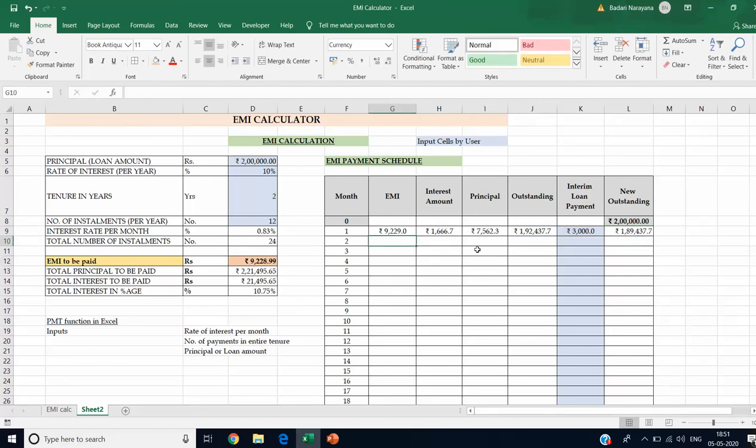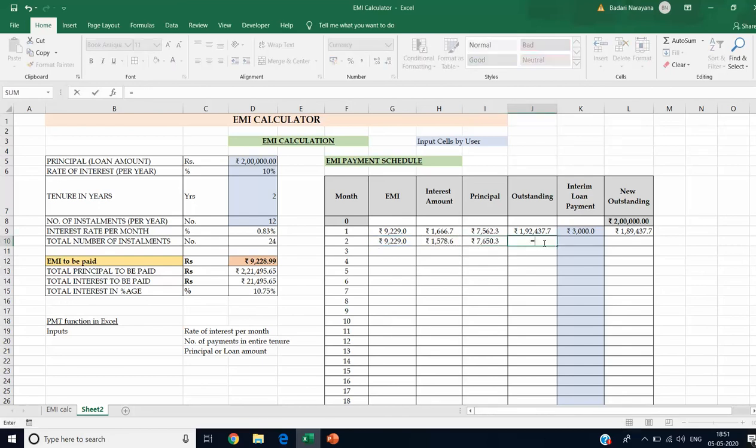Here again the EMI is the same every month, so it is equal to the same number. Then the interest amount, as we calculated already, is the outstanding amount of the previous month into the monthly interest, and the principal is again the same, that is EMI minus the interest amount, the principal that I paid for that month.